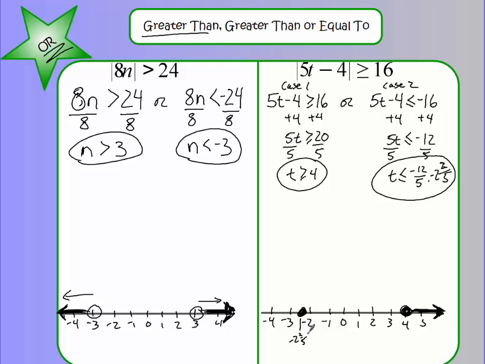And then we want t to be less than that. So in other words, we want that to be greater than t. So that's going to send our arrow this way. Try the number negative 4. Is negative 4 less than or equal to this? Yes, it is.